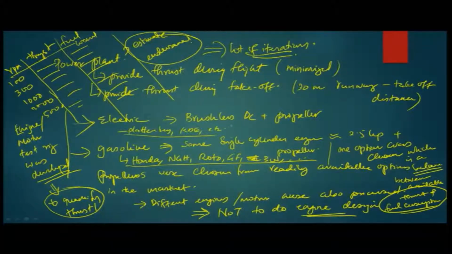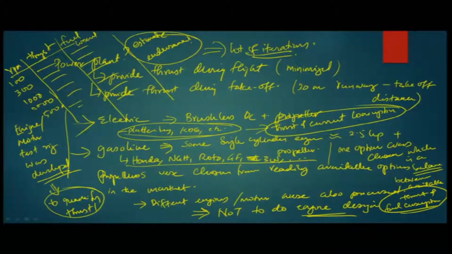Similarly, for the electric motor, the thrust and current consumption were quantified, and based on that an appropriate motor was chosen that would provide the appropriate thrust and also maximize the life of the battery.